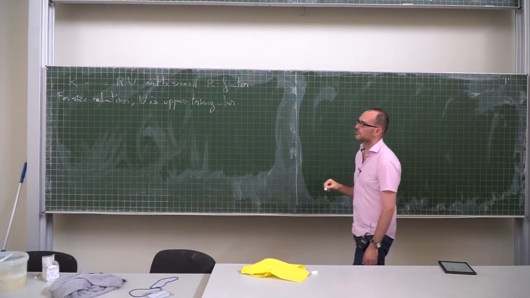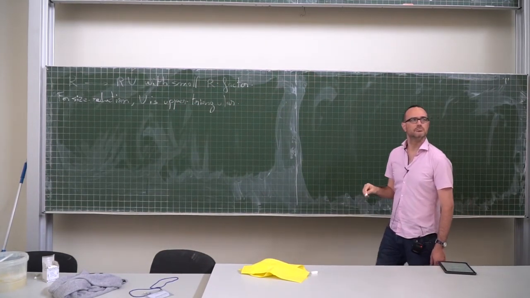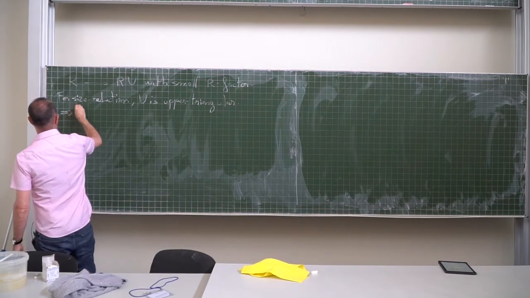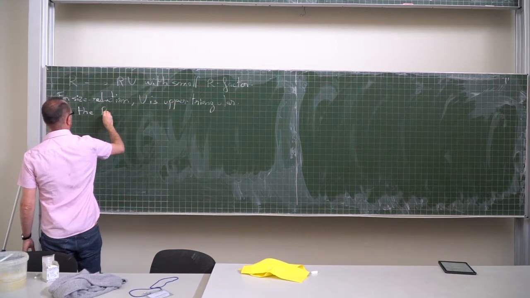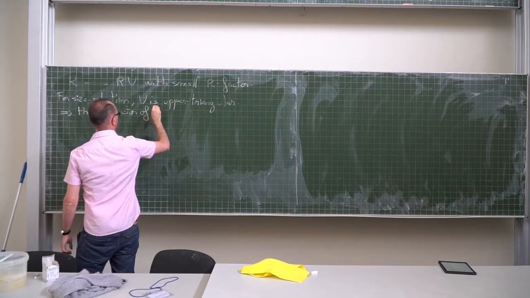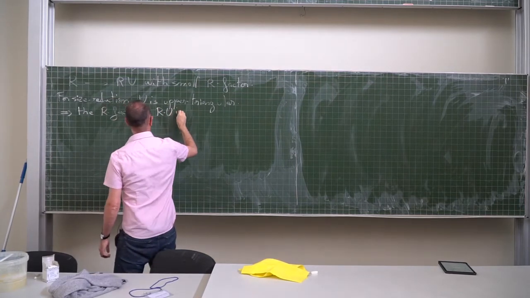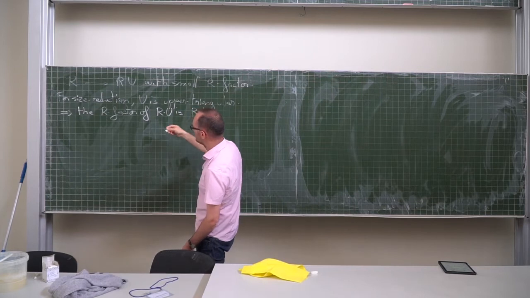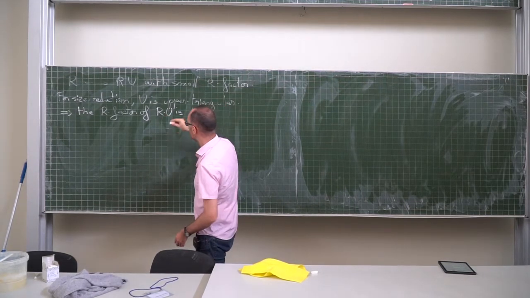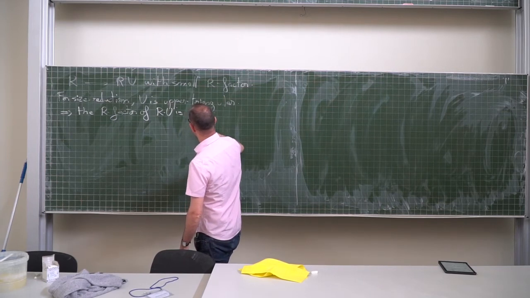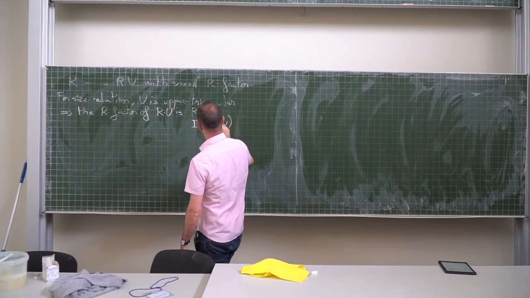So the R factor of RU is just RU. Okay, because R times U is identity times RU.